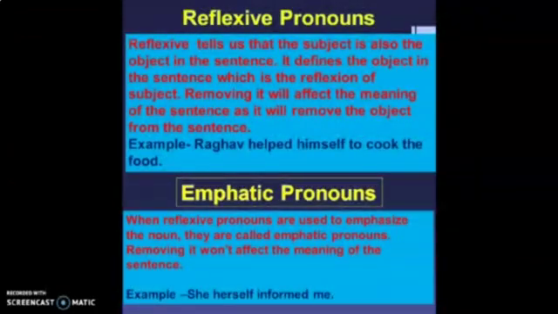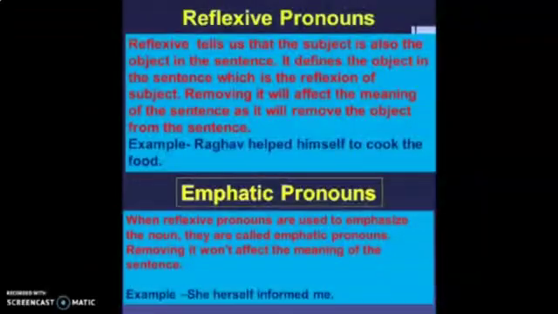Raghav is the subject, helped is the verb. Raghav helped himself to cook the food. If we remove himself, whom did he help? Himself. So here himself is the object and Raghav is the subject. If we remove the object, it will not be meaningful. It will affect the meaning of the sentence.